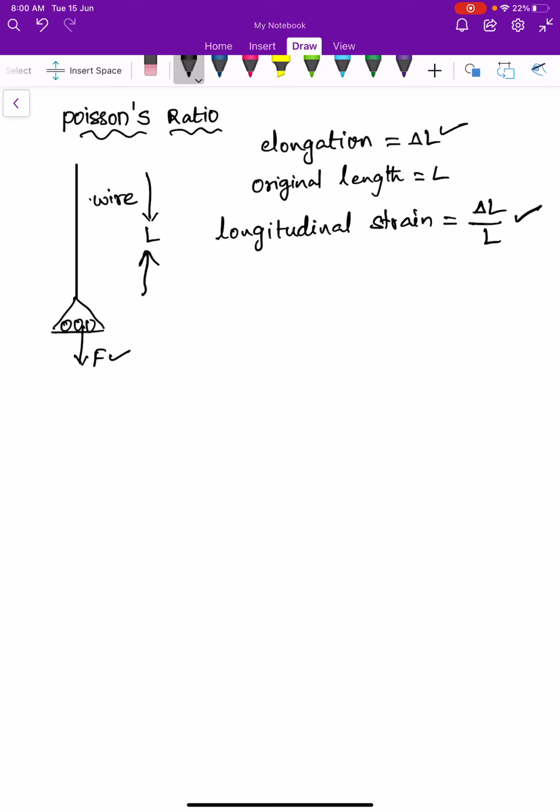Now see, by observing carefully, when the length increases, the area of the wire decreases.